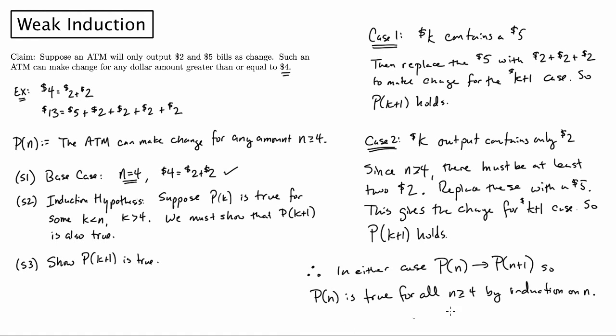So by the induction hypothesis and by the induction machine, the general machinery of what we're doing here, go back to the previous video if you want to make sense of what I mean by that, then the proposition Pn that the ATM can make change for any amount n greater than or equal to 4 is true for all n greater than or equal to 4 by induction on the value of n.